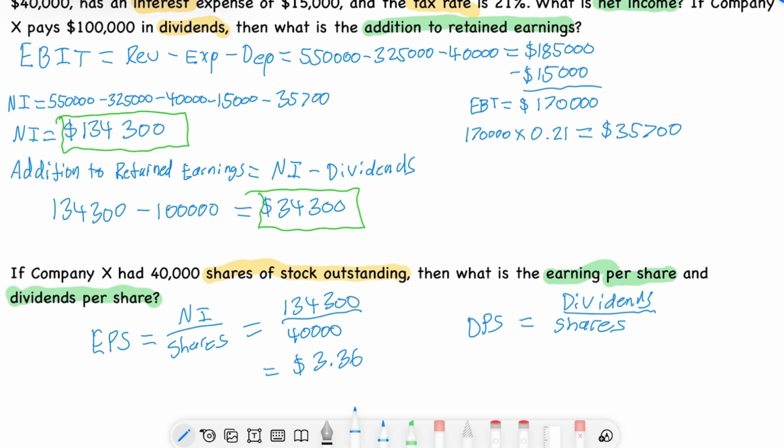If we do dividends per share, we're going to do 100,000, because that's what we paid in dividends, over 40,000 shares. And we're going to get a dividend of $2.50 per share. So if I own 10 shares of stock, I'm going to get $25.